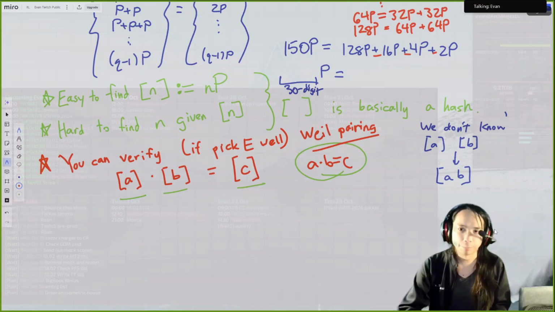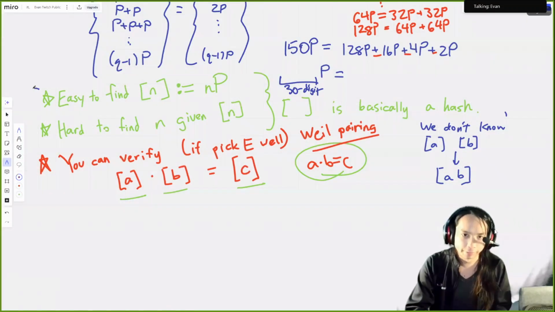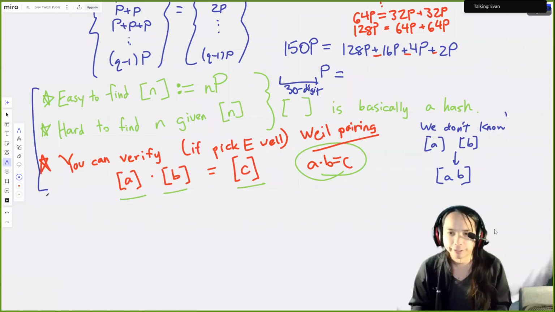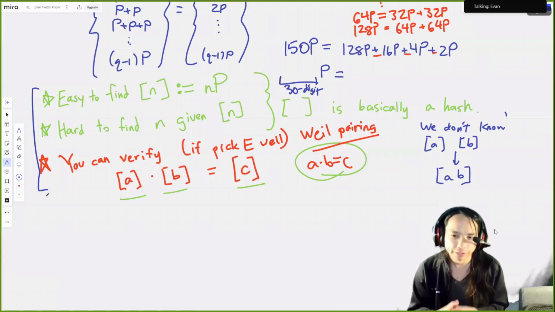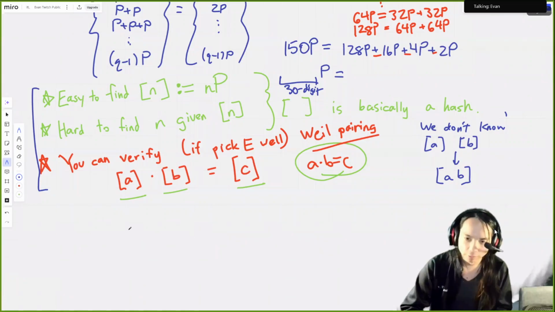So these are the three properties of the elliptic curve that I'm going to use, in addition to the fact that there are integers mod Q. When I actually give you the points, the bracket serves as a one-way hash, but there's the additional property that you can do addition.